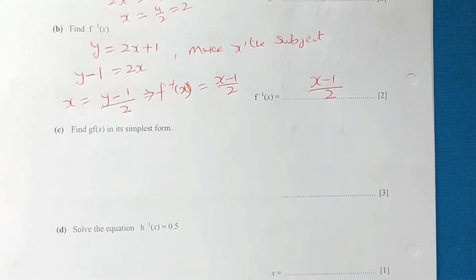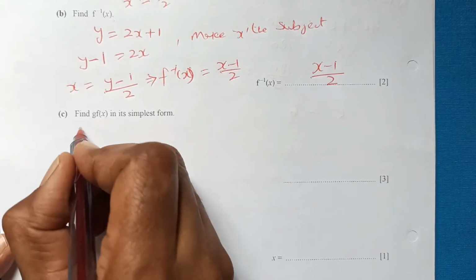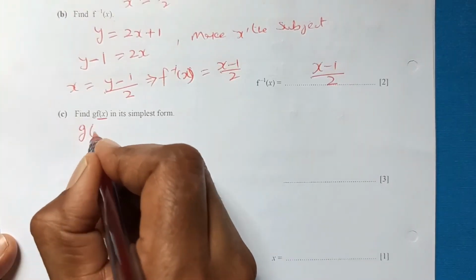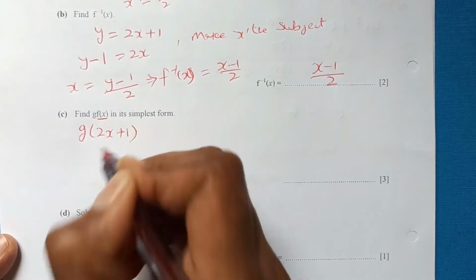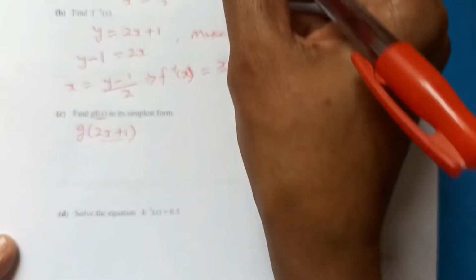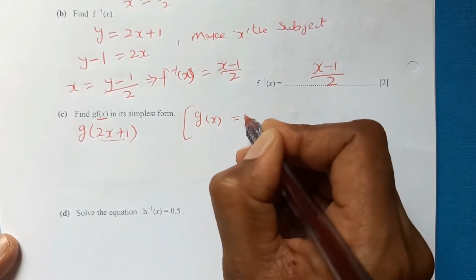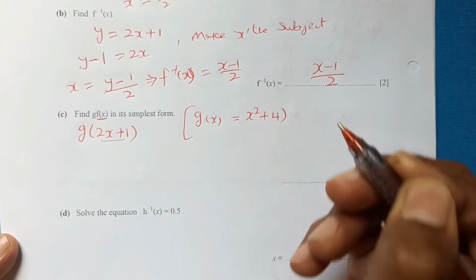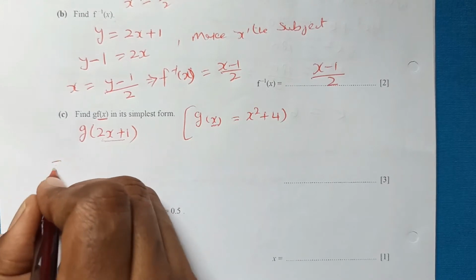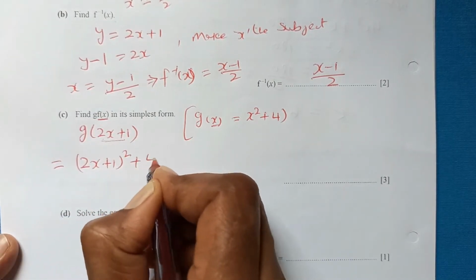Now part C, find g of f(x). For that, g is here, and f(x) is 2x plus 1. Now g(x) is x squared plus 4. So we are replacing x by 2x plus 1. So this will be (2x plus 1) squared plus 4.